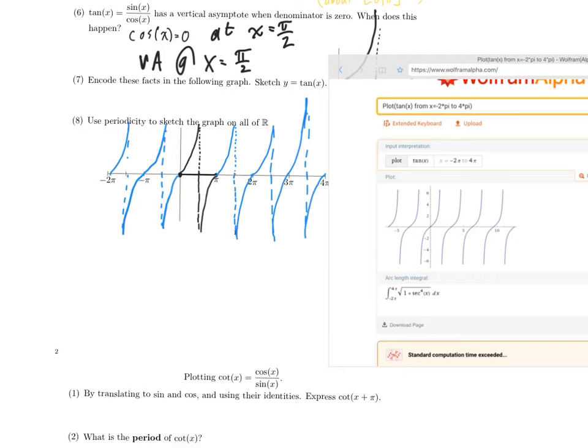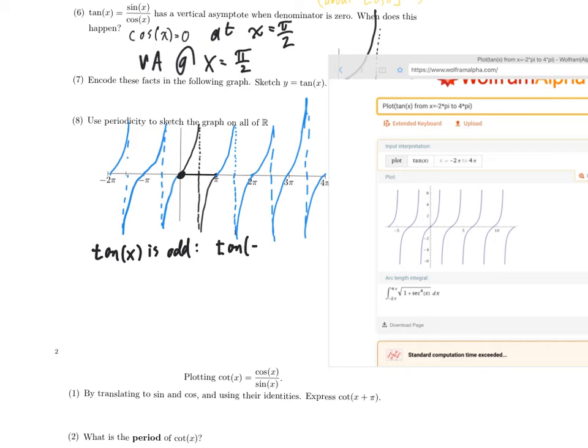This function appears as though, and I still don't know how to do a correct reflection, so I won't try, if you were to take this and reflect it over the origin, or rotate it 180 degrees about the origin, you'd get the exact same graph back. So it sure looks like tangent of x is odd, but in fact that's something that you should already know.